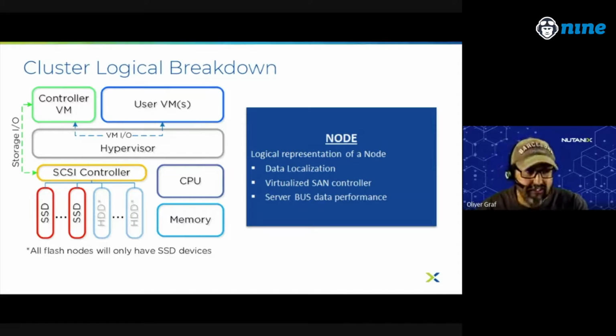Since the beginning, we knew we were more than a single platform company. In that sense, choice has always been a big thing for us, whether it is with hardware, cloud, or hypervisor vendors. By running as a VM in user space, it decouples the Nutanix software from the underlying hypervisor and hardware platforms.